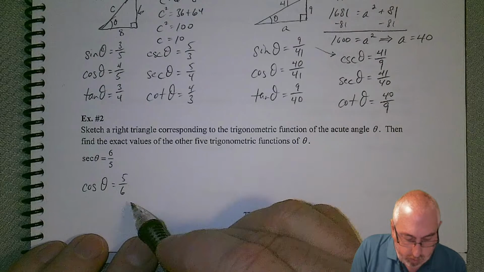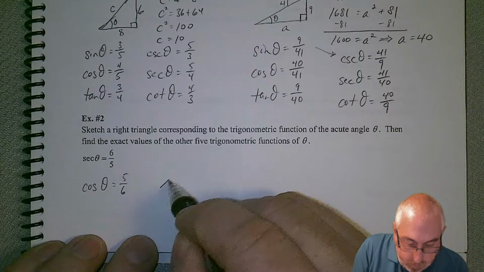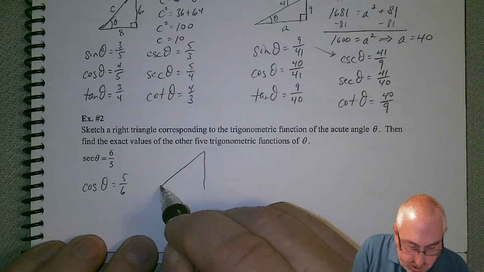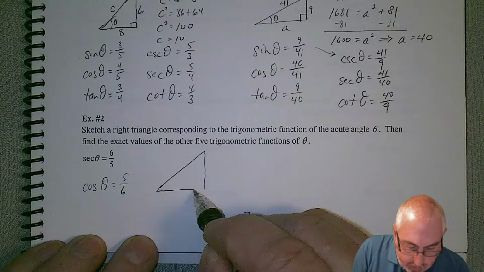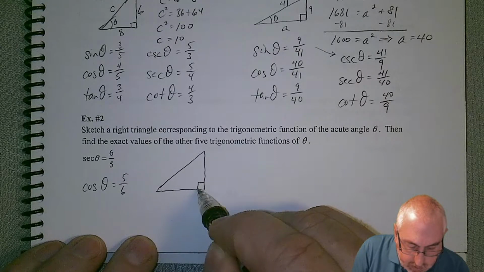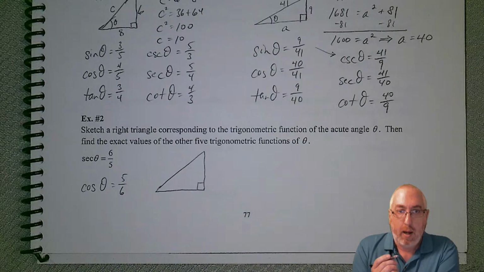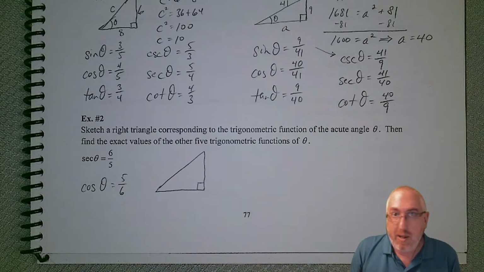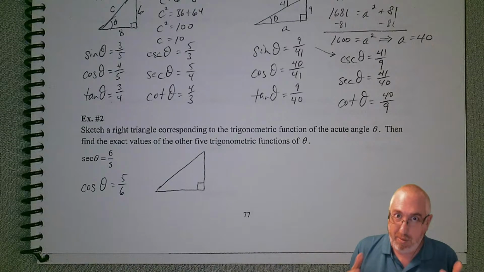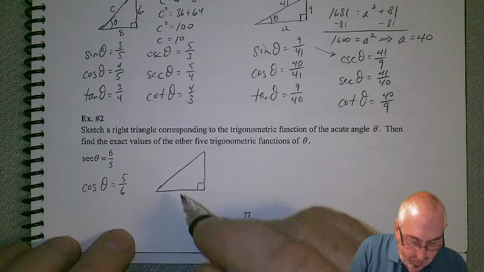So from this, though, we can now do our sketch. And now our right triangles don't have to be anything fancy, and it doesn't have to be to scale or anything like that. That's probably the most important thing.